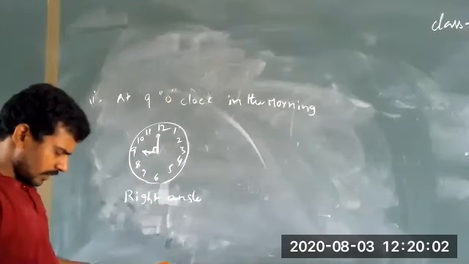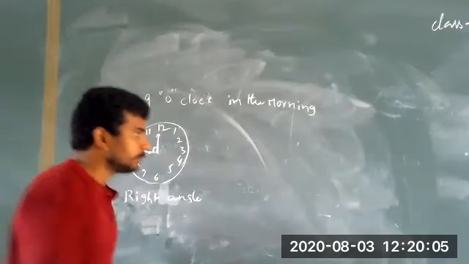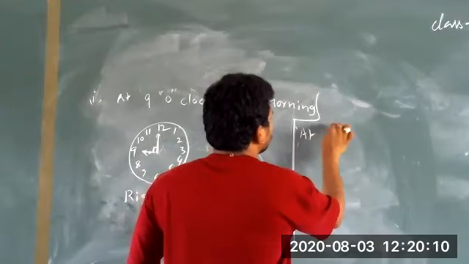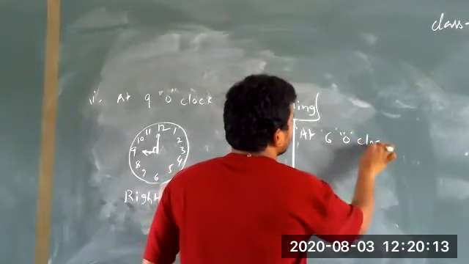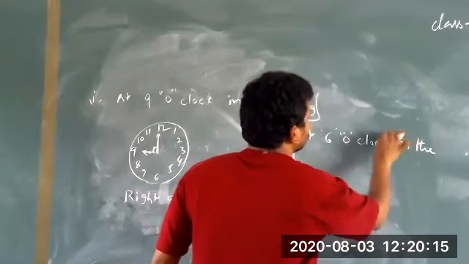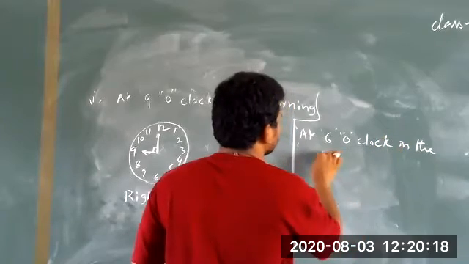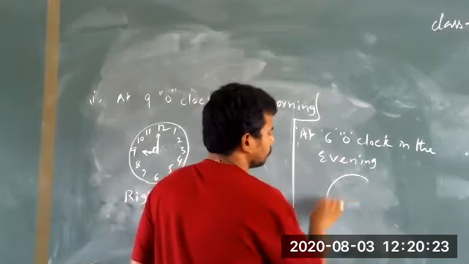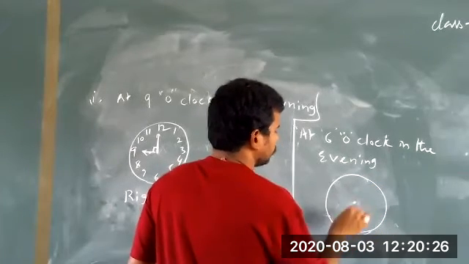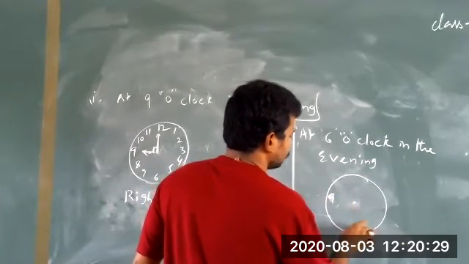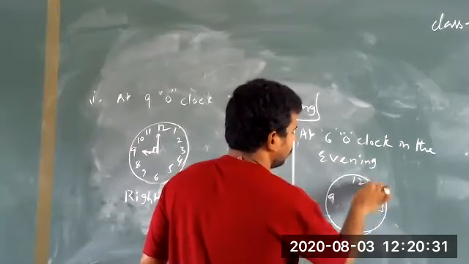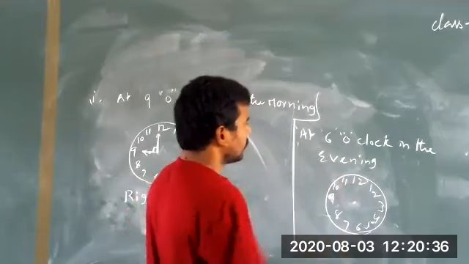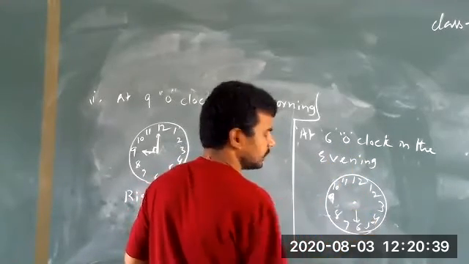Next problem. At 6 o'clock in the evening. Here 12, 3, 1, 2, 4, 5, 7, 8, 10, 11. 6 o'clock, that is the short hand.